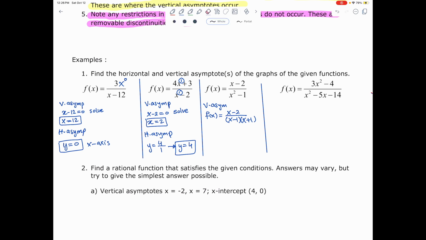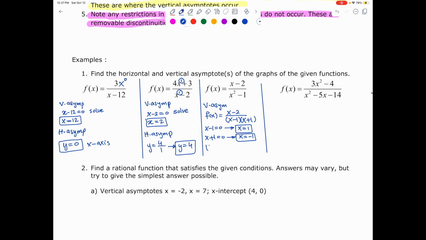However, we're going to make each factor in the denominator equal to 0 and find the vertical asymptotes. So x minus 1 equals 0 will lead to x equals 1. That is our vertical asymptote, the first one. And then x plus 1 equals 0 will lead to x equals negative 1, which is the second asymptote.